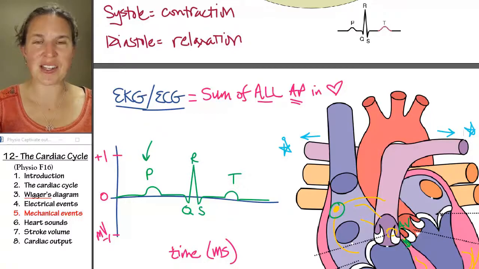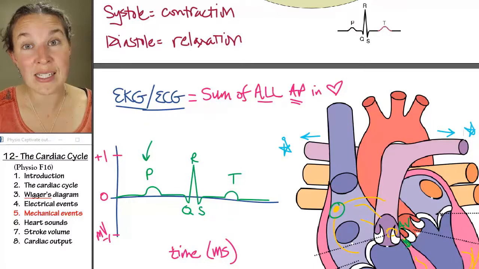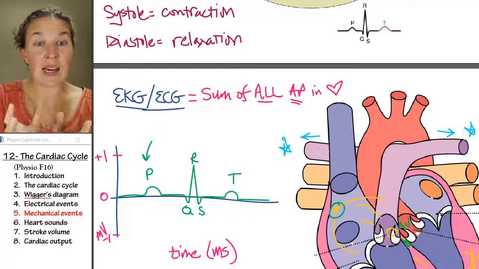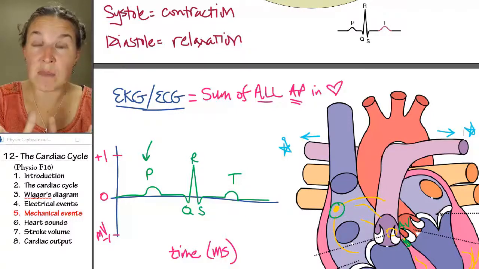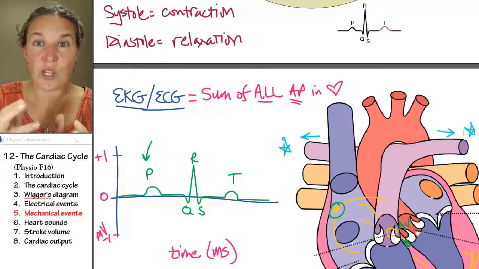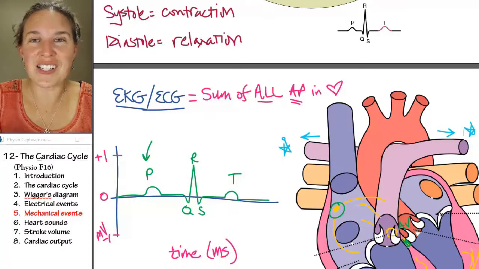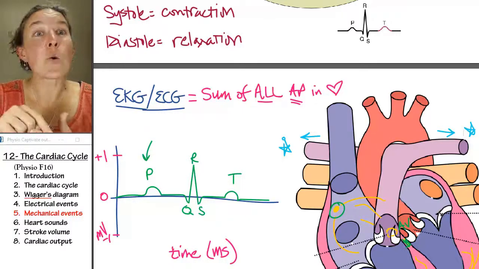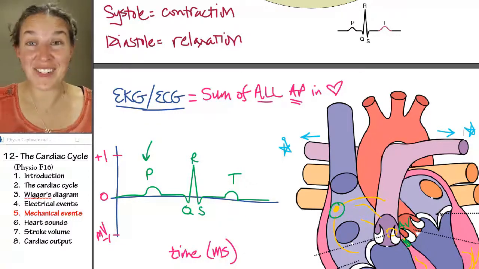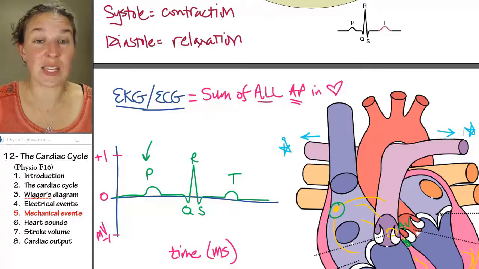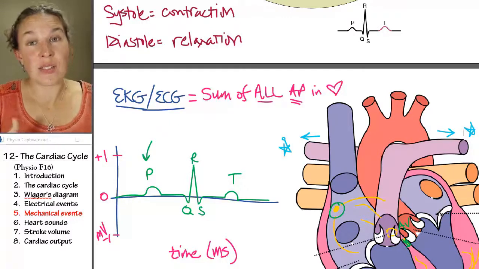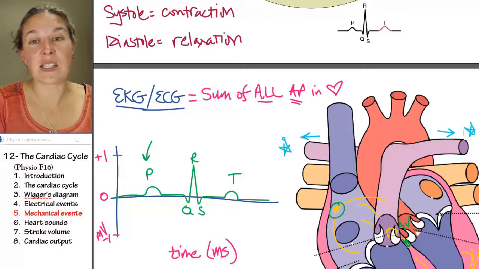You can imagine that the atria depolarizing, sending the electrical message through the myocardium of the atria. Do you agree that that electrical message is going to initiate contraction or atrial systole? Repolarization of the atria, do you agree that that's going to be associated with atrial diastole, atrial relaxation?